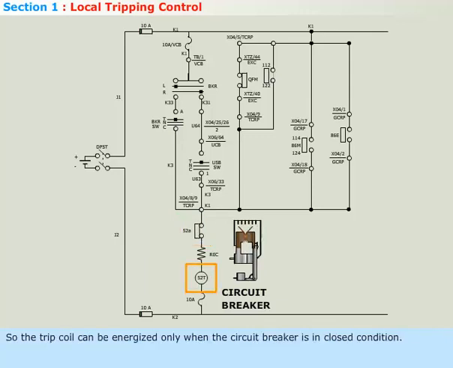So the trip coil can be energized only when the circuit breaker is in closed condition. It is used to avoid continuous flow of trip signal current through the trip coil 52T. Because 52T coil is short time rated and continuous flow of current through it will damage the coil.